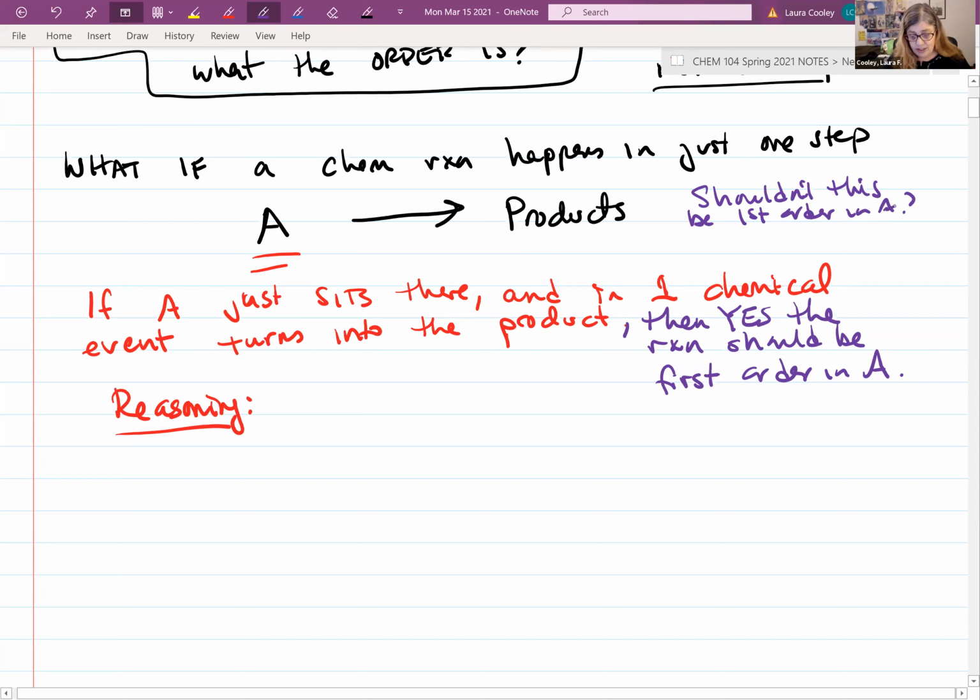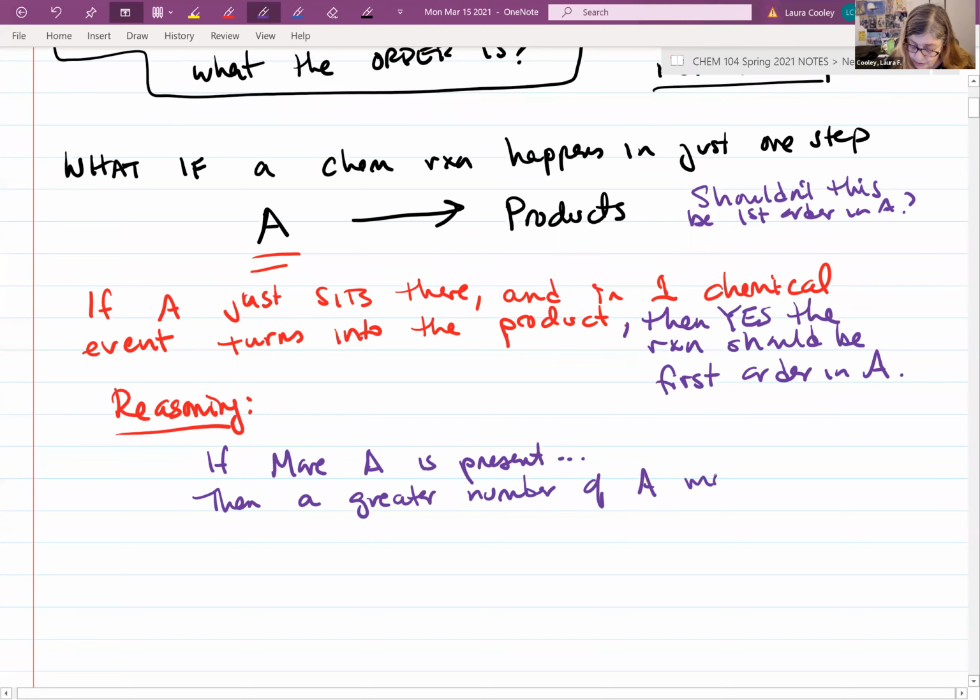Okay, and then the answer is, if it just sits there, turns into something else, then yes, the rate should be proportional to the concentration of A. And like I said, the reasoning is, if more A is present, then a greater number of A molecules will have the needed activation energy.